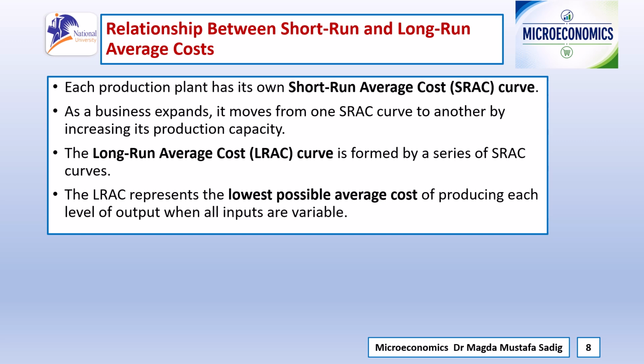Each factory has its own short-run average cost. The long-run average cost curve, or LRAC, is formed by connecting the lowest points of many short-run average cost curves. Economists often call it the envelope curve. It represents the lowest possible production cost for every output level.